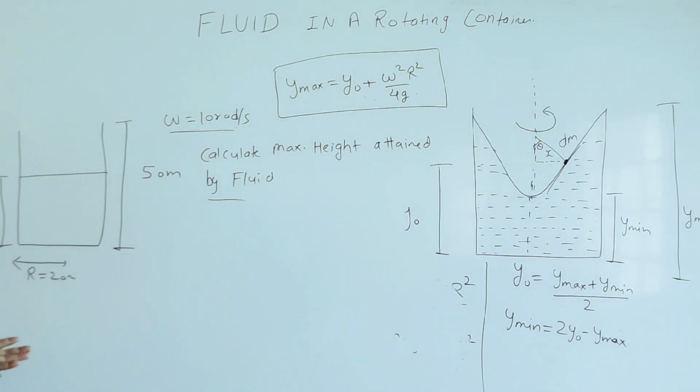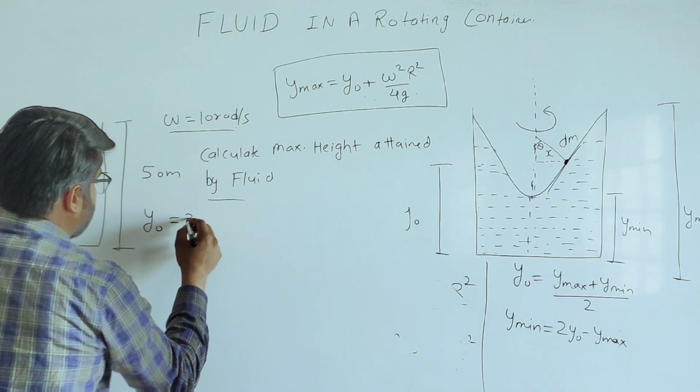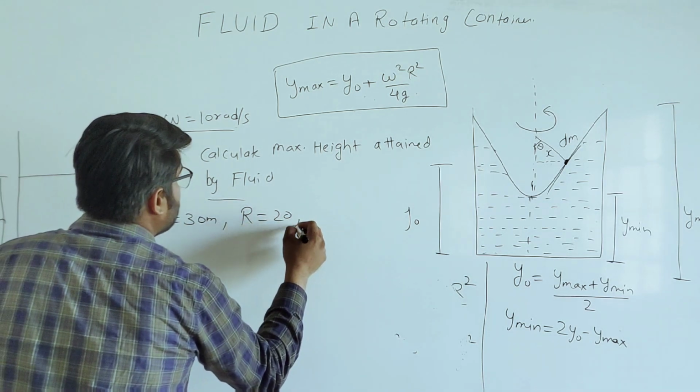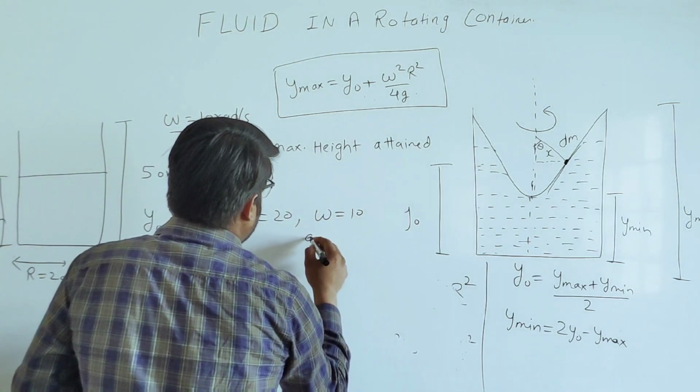Here we have a formula. Using the formula, y naught is given as 30, R is given as 20, omega is 10, while g we all know is 10.